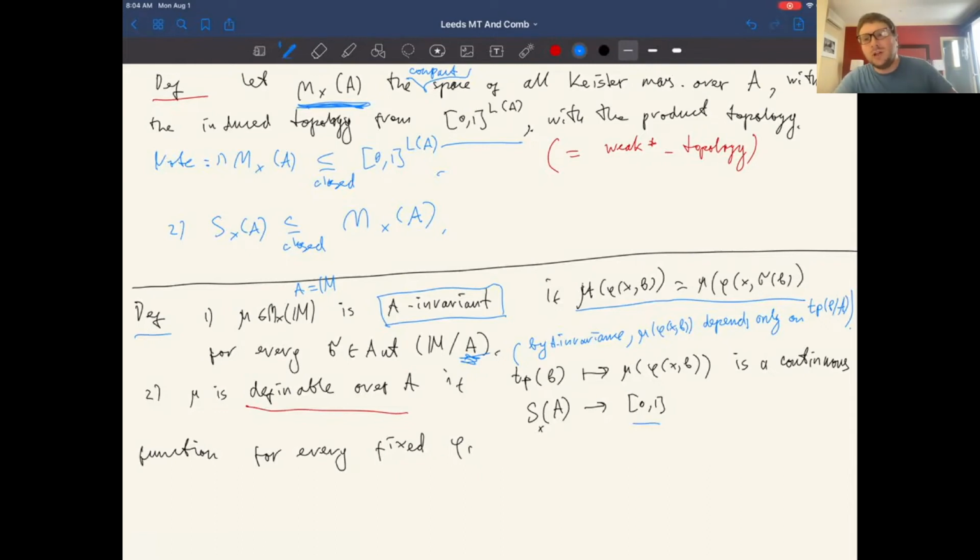And if it's only a Borel map, we sometimes say that the measure is Borel definable, a slightly weaker condition.